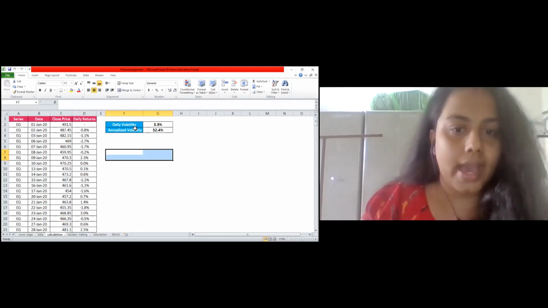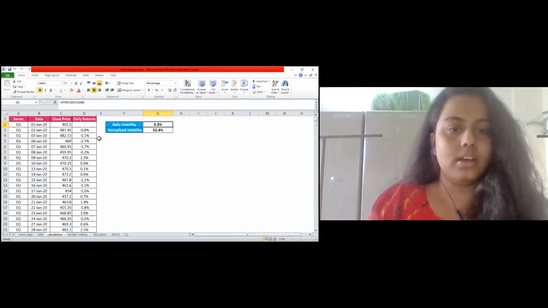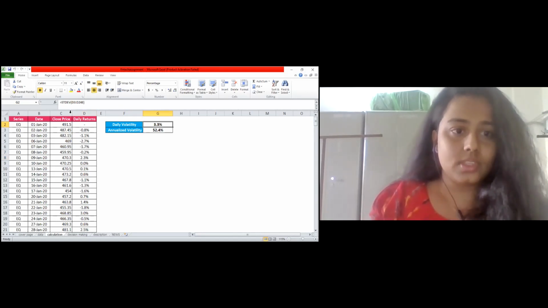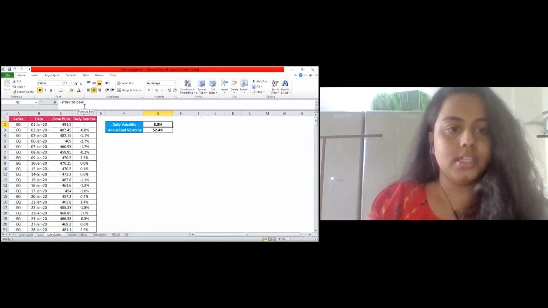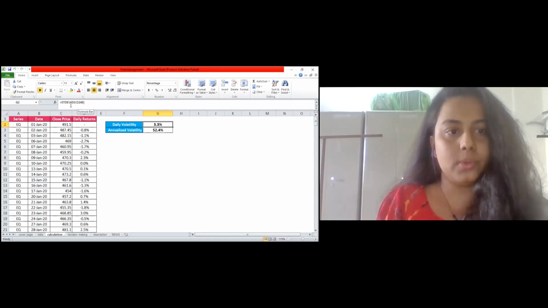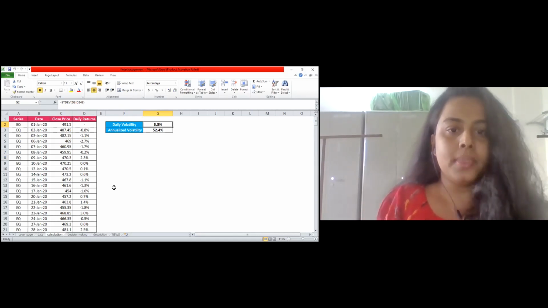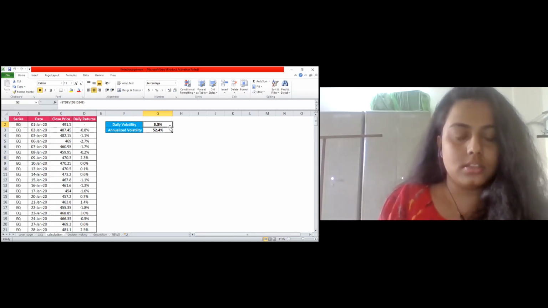To calculate the daily volatility, we have an equation, which is equal to standard deviation. On top you can see that, then select the entire D cells, and we will get the answer.